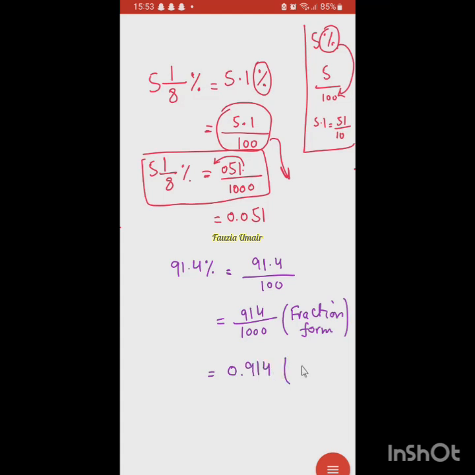Very good. Excellent. This is the decimal form. In the first part, there were 2 digits, 51, and now there are already 3 digits, so no need to add an extra 0. Okay? So very good.